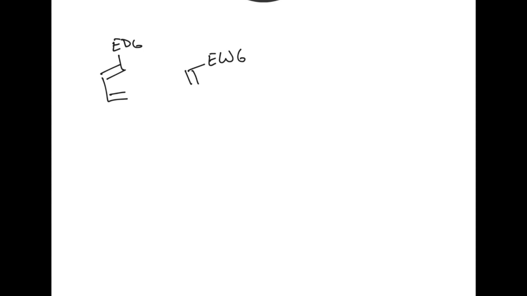What that does, if you remember, is it makes the carbon on the opposite end of the double bond from the electron withdrawing group slightly positive. And now your electron donating group on your diene is making a carbon slightly negative. So your negative carbon wants to bond to your positive carbon.